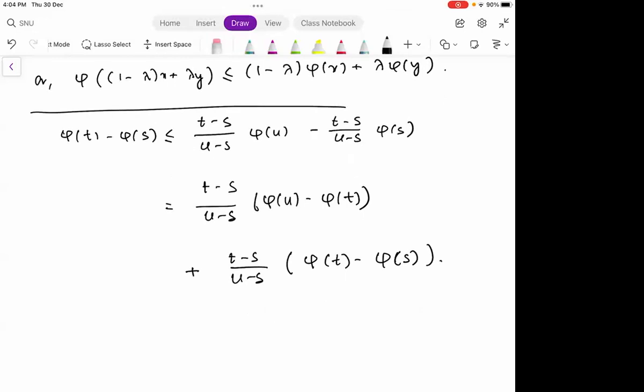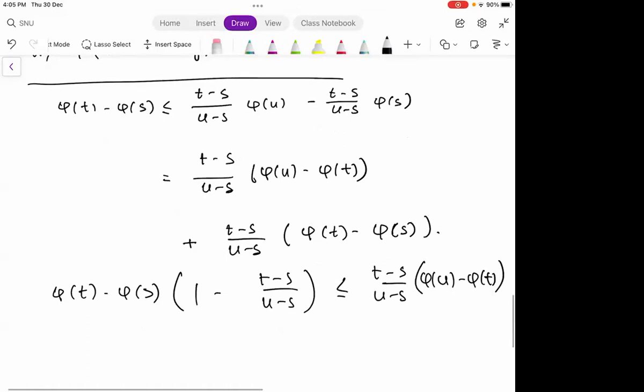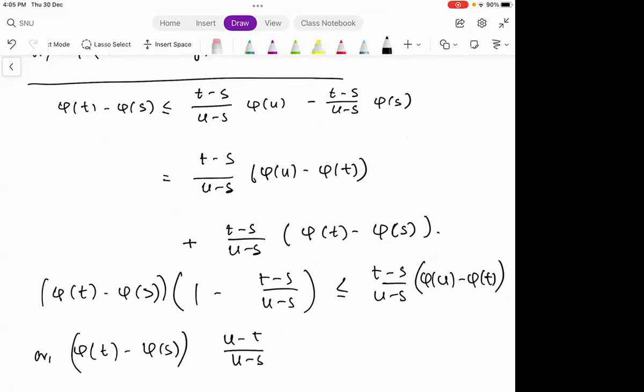Now, I bring the last term to the left-hand side. So I'll get phi t minus phi s times 1 minus (t minus s) by (u minus s) less than or equal to... I still have a problem perhaps, but we'll see. And what is 1 minus that? That is (u minus t) by (u minus s), so phi t minus phi s times (u minus t) by (u minus s).